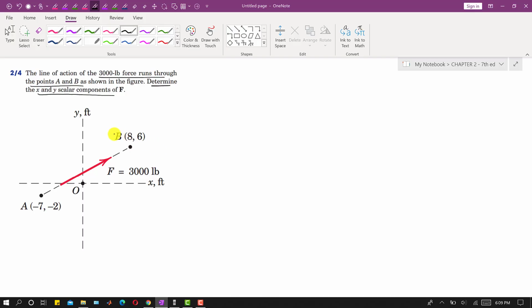So now we are given these A and B points, and indirectly we are given the angle theta of this force F with the horizontal, right? So if I draw a line here parallel to the x-axis, right? So let's say that this force F is making some angle theta, right?